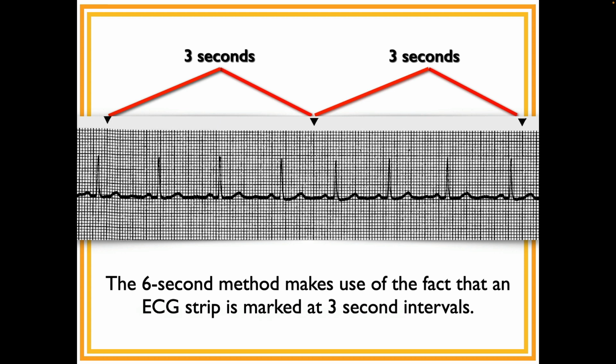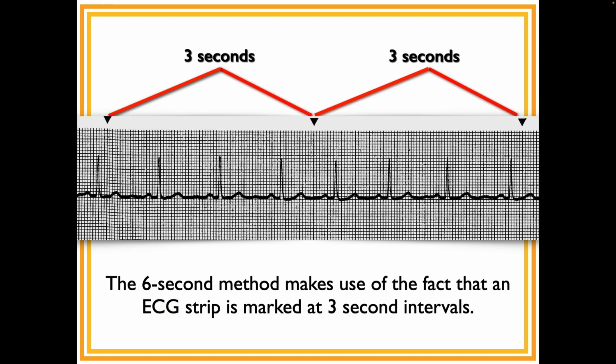The line will be a tiny bit in from the edge this way and a tiny bit in from the edge this way. So a 6-second strip is really about 6.5 seconds, okay? The distance from here to here is 3 seconds, the distance from here to here is 3 seconds. And this is true on all ECG strips, they're marked at 3-second intervals.